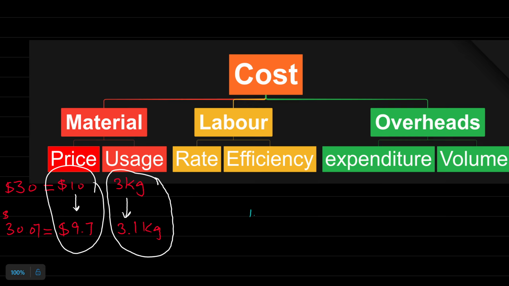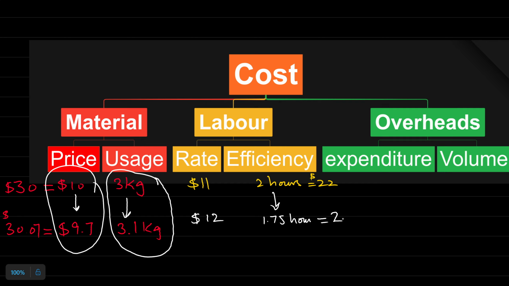Similarly, let us suppose it was expected that labor will take 2 hours to complete one unit and we will pay $11 per hour, and so the total cost of labor will be $22. So students, when units were produced, the actual time taken was 1.75 hours and the actual amount paid was 12.